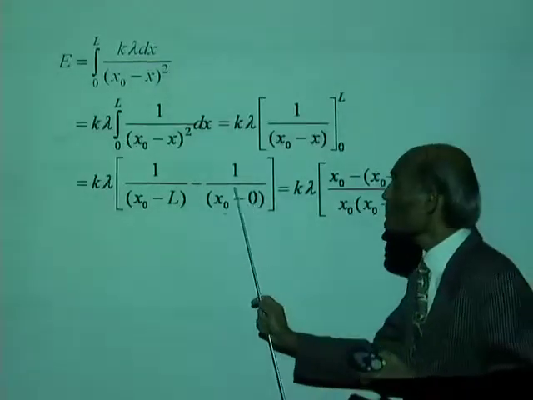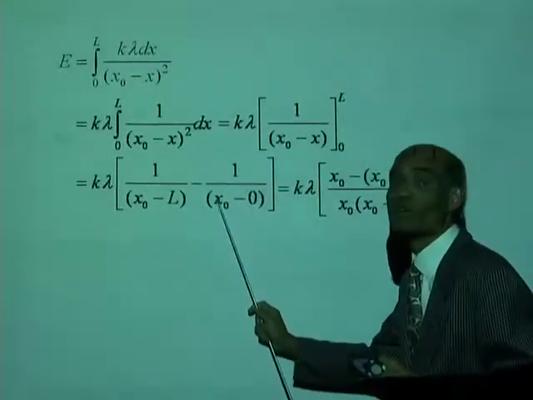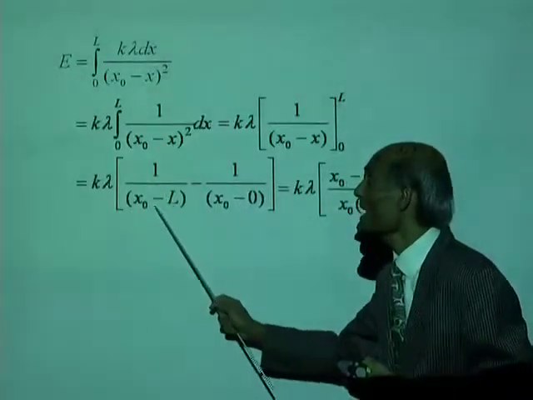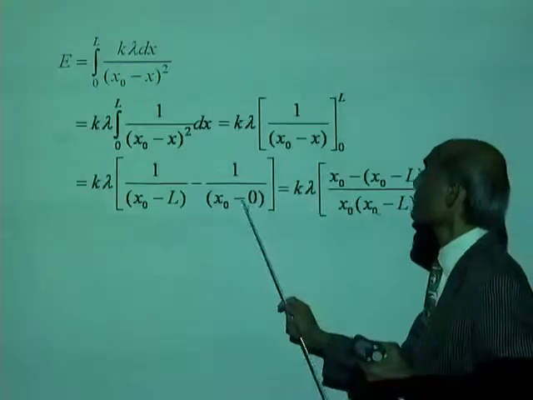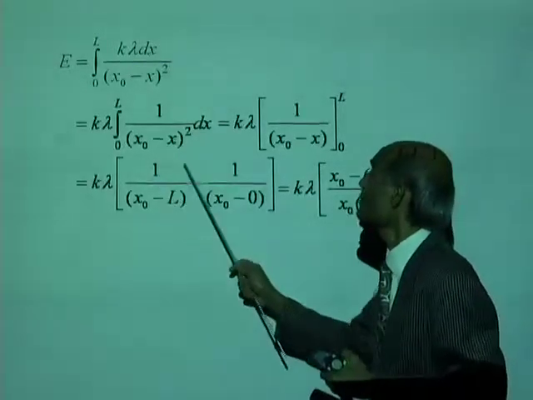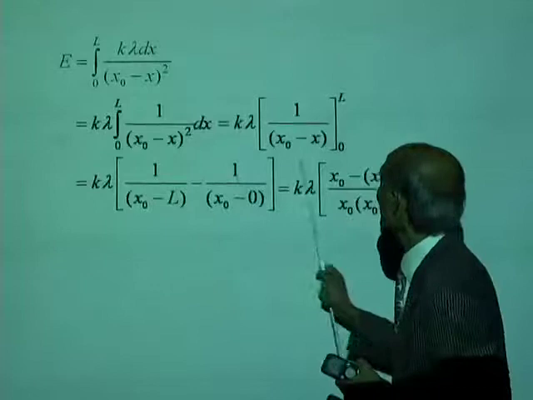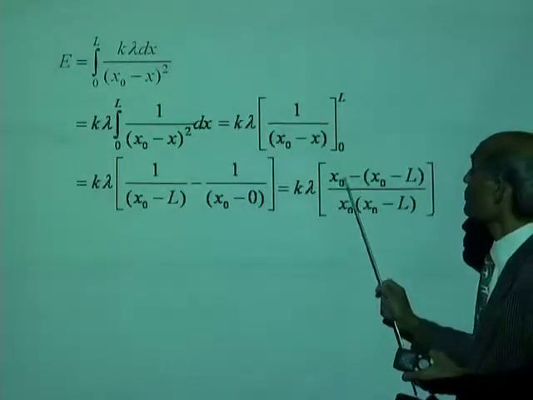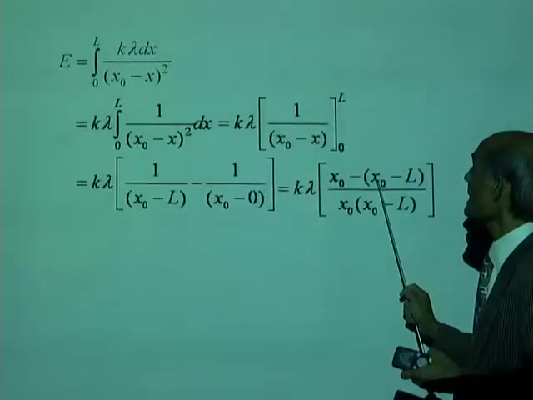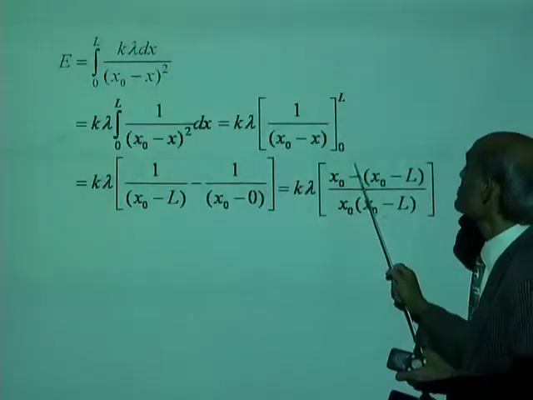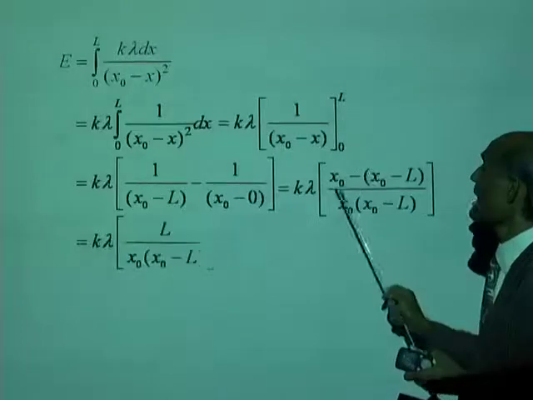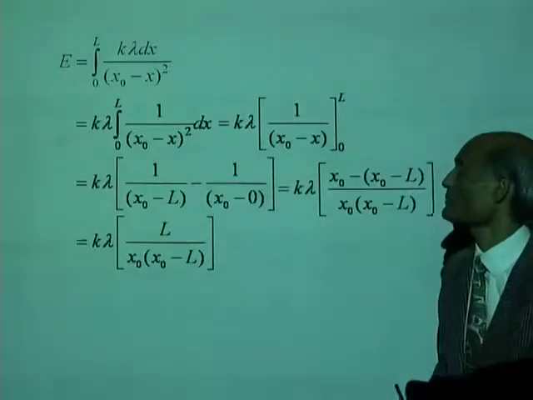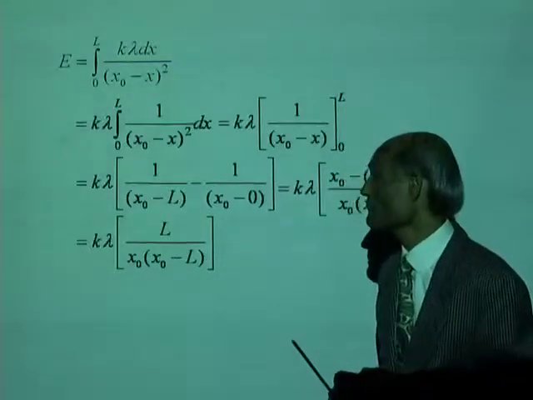If you now take x0 times (x0 minus L) as the common denominator, the numerator will be x0 minus (x0 minus L). x0 minus x0 will cancel, so the numerator will be positive L over x0 times (x0 minus L).